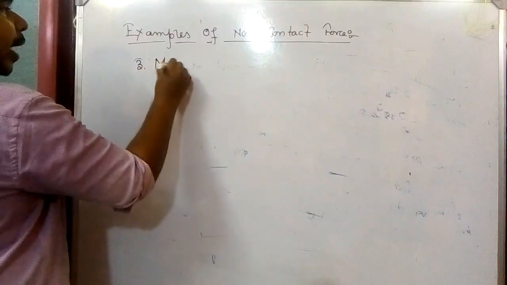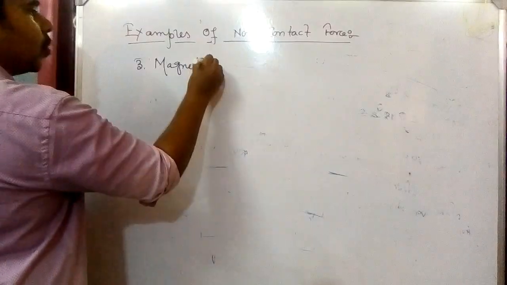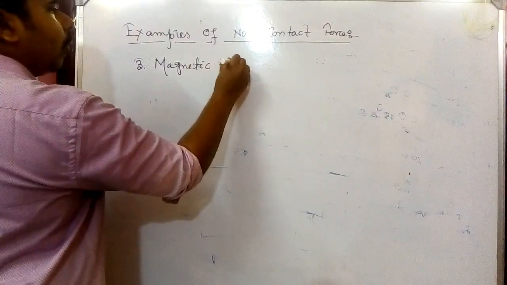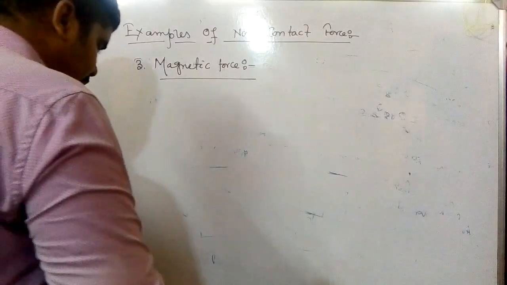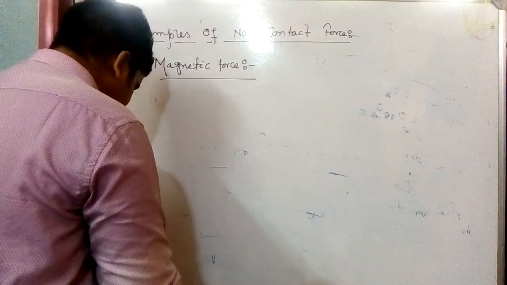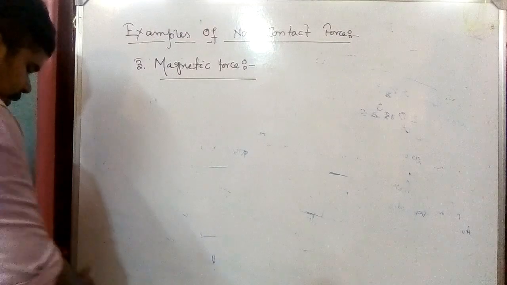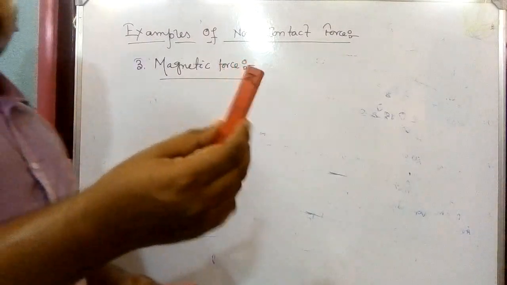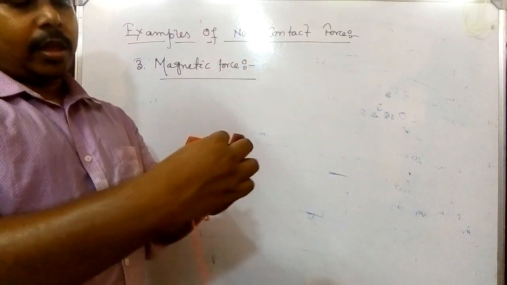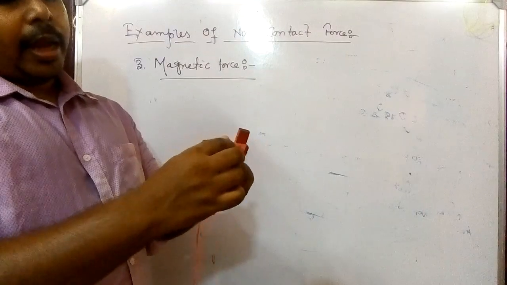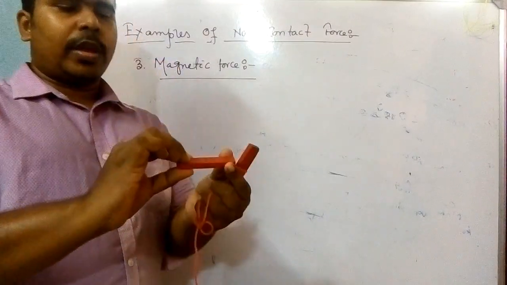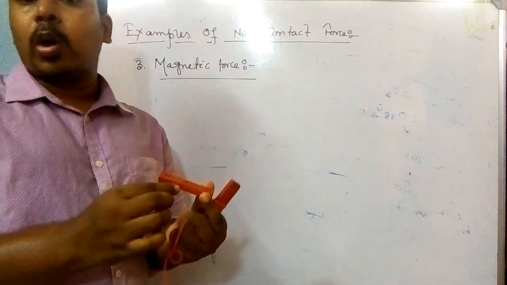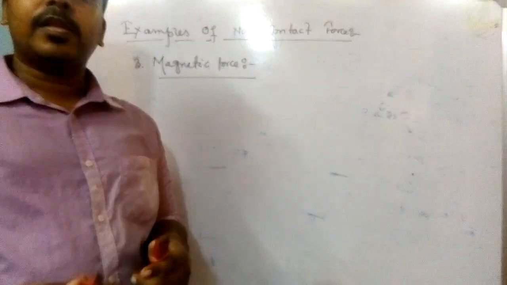So magnetic force is also an example of non-contact force. For that reason I have kept some magnet here. This is a bar magnet. You see on one side it is written N, on the other side S. One side is known as the North Pole, the other side is the South Pole.